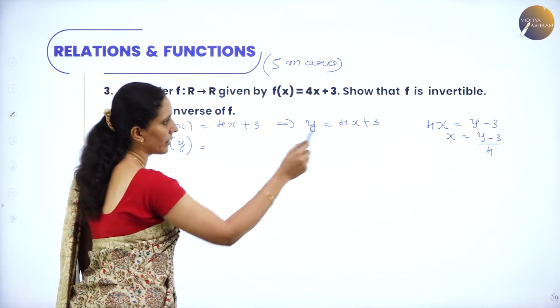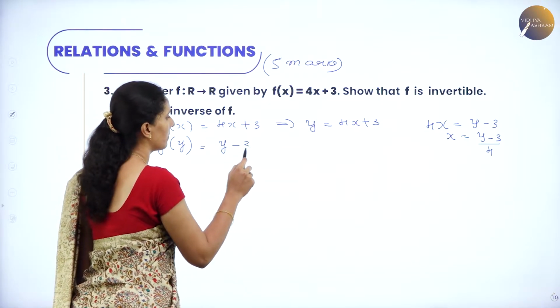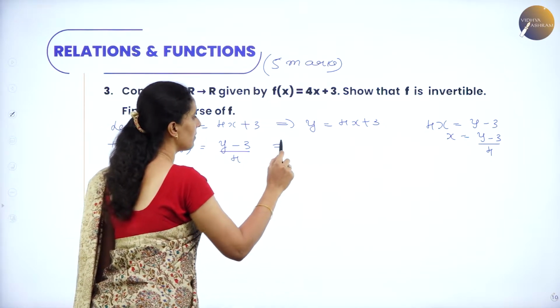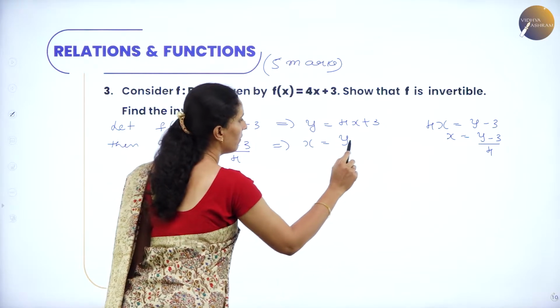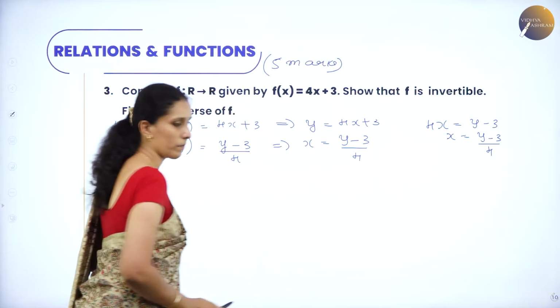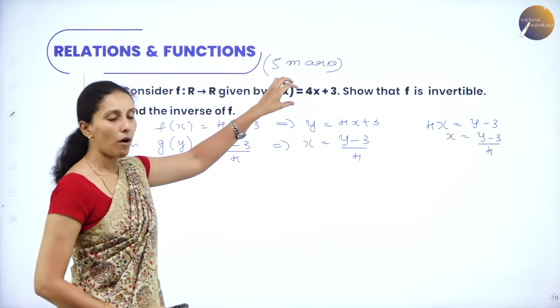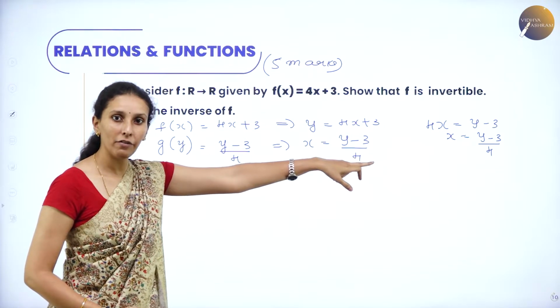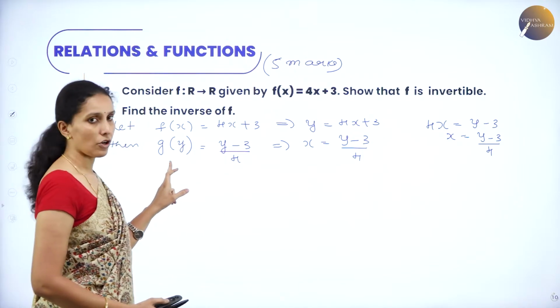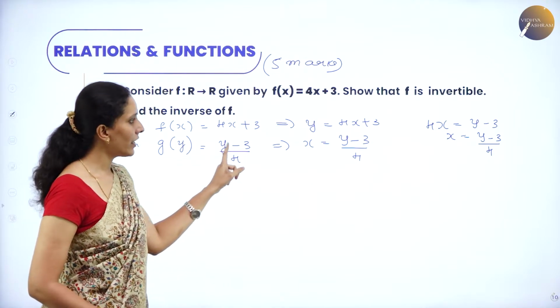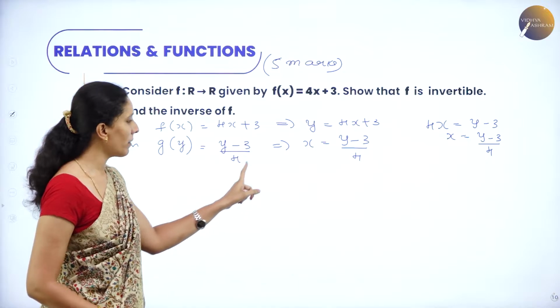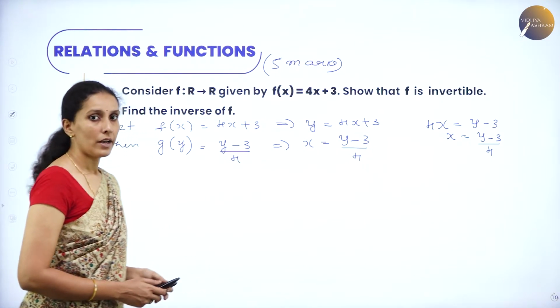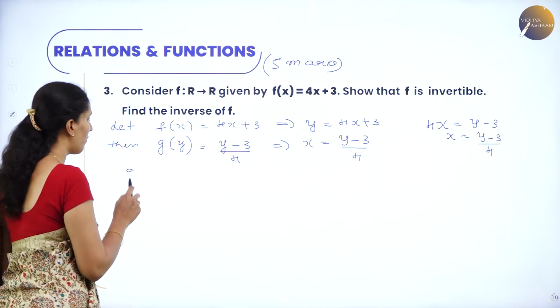G of y can be written as (y minus 3) divided by 4. This implies x is equal to (y minus 3) divided by 4. Remember, the function is given in the form of f of x, which is nothing but y. We have to convert it into the form of x, which is nothing but g of y. So g of y, we get as (y minus 3) by 4. What is (y minus 3) by 4? It is x. Now let's take g∘f of x.